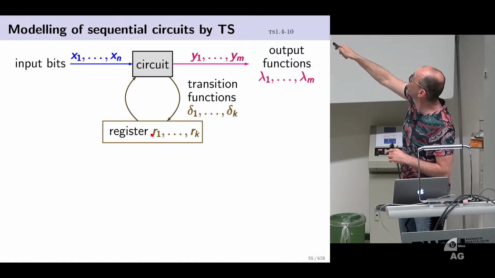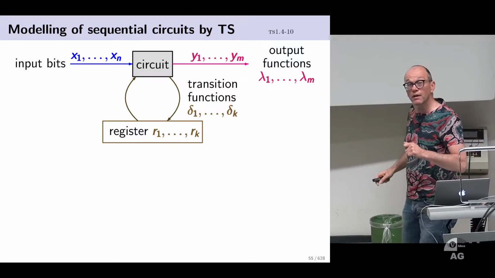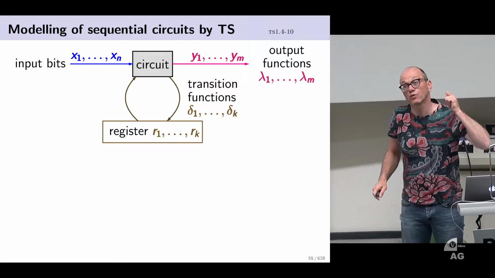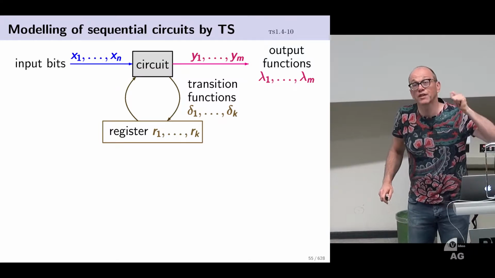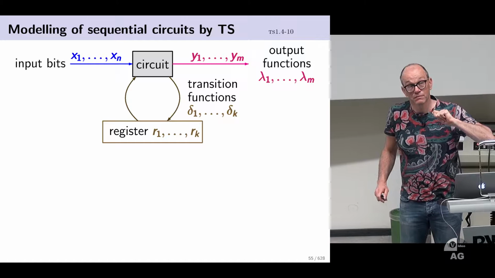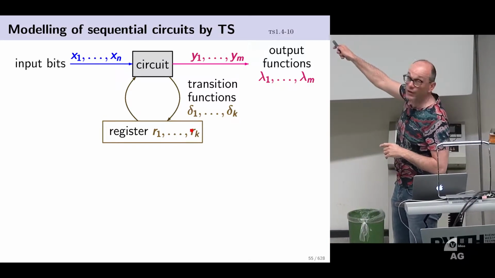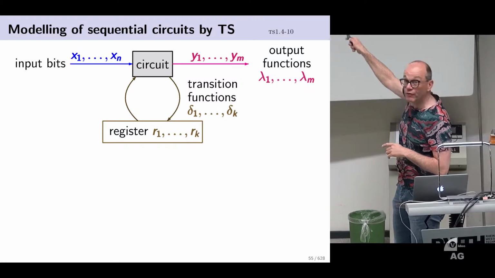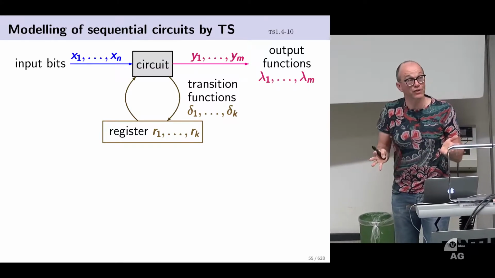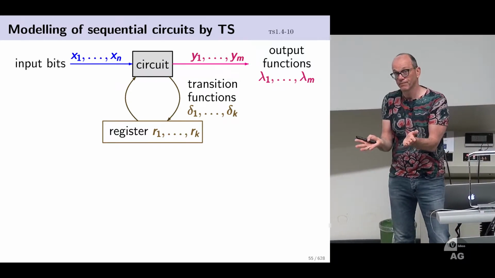So for register 1, I have a function delta 1 that tells me if I provide the circuit with a new input, what is the new value of register 1? The same for register 2. I have k registers, so I have k functions. For every register, I have to tell you how is the register going to change.